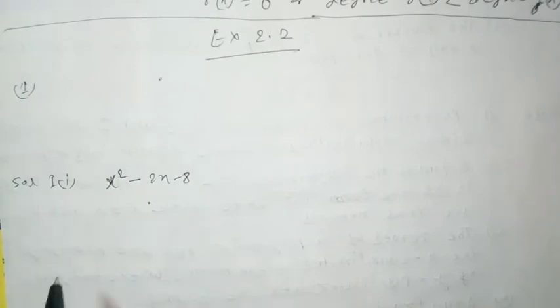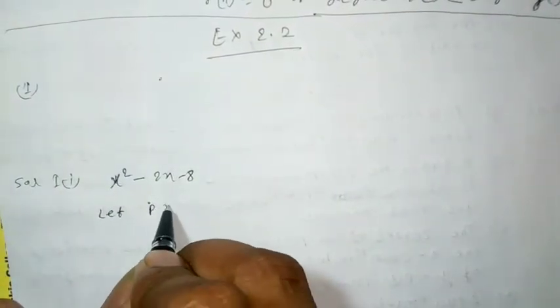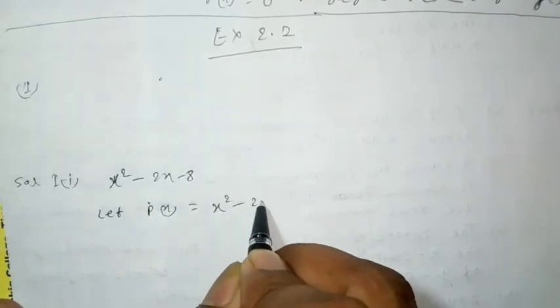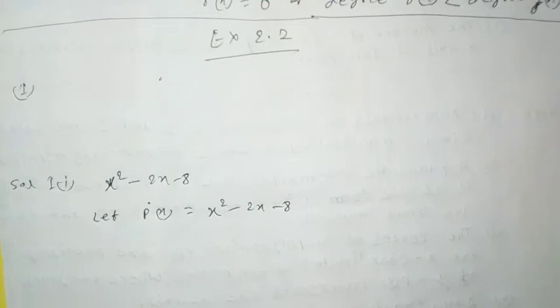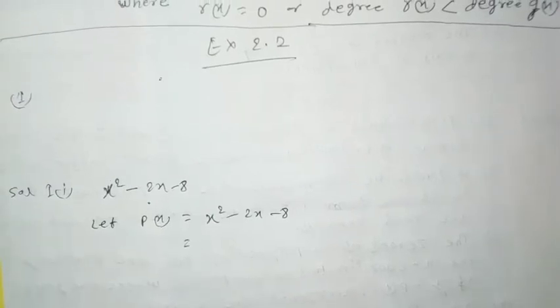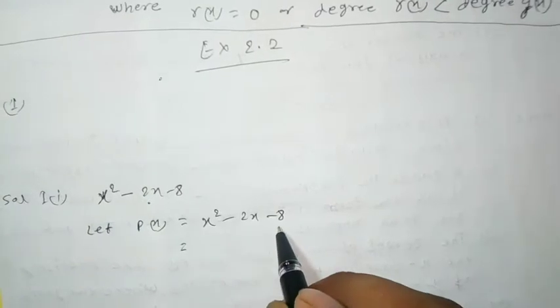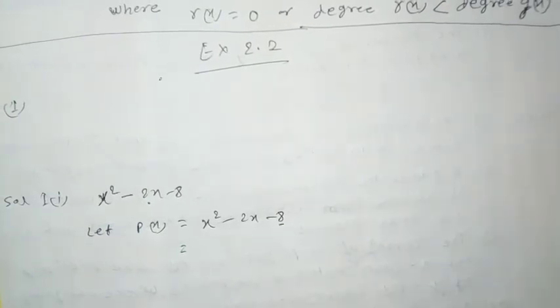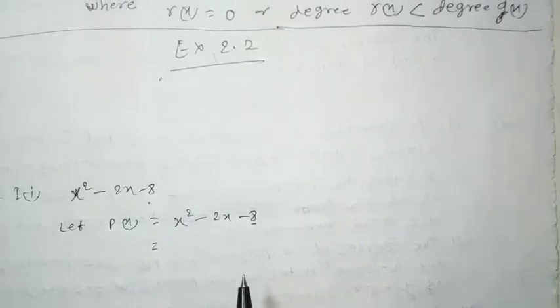Now let p(x) is equal to x square minus 2x minus 8. Now first find the factors. Here is the number 8. It means that 8 is divided into two parts, the product of the two parts is 8, and when subtracted, we get 2.